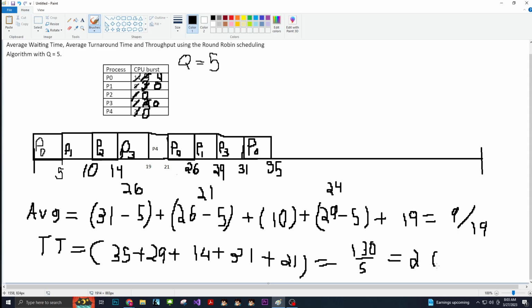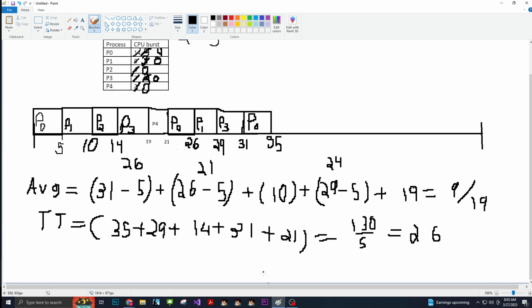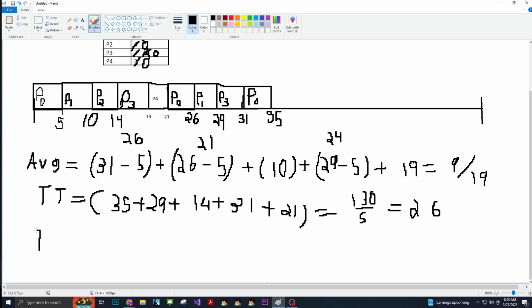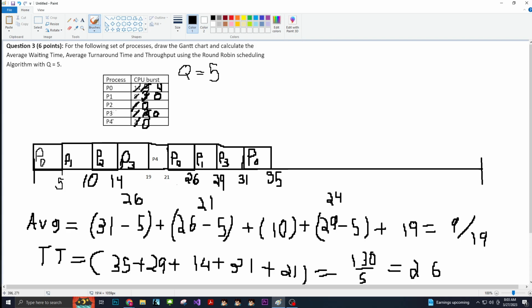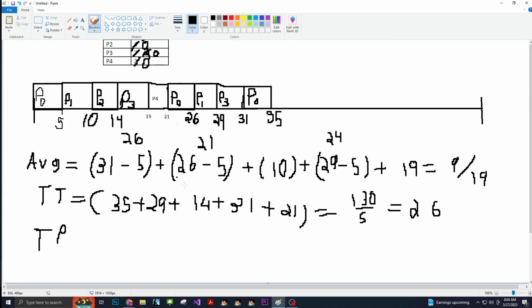That's 26. All right. And then throughput, that's just the number of processes over the final time. So the whole thing finishes at 35, so all we do is just 5 over 35. And that's it, 1 over 7.